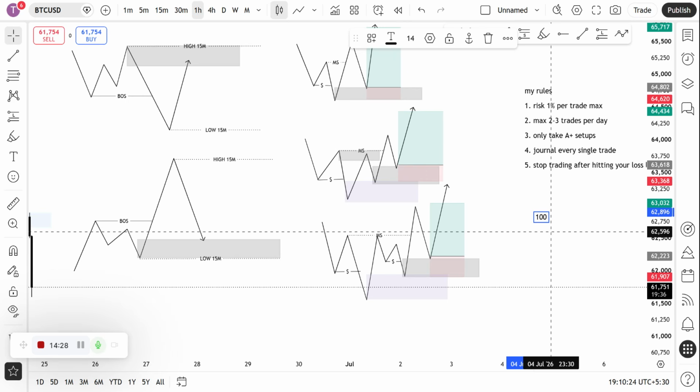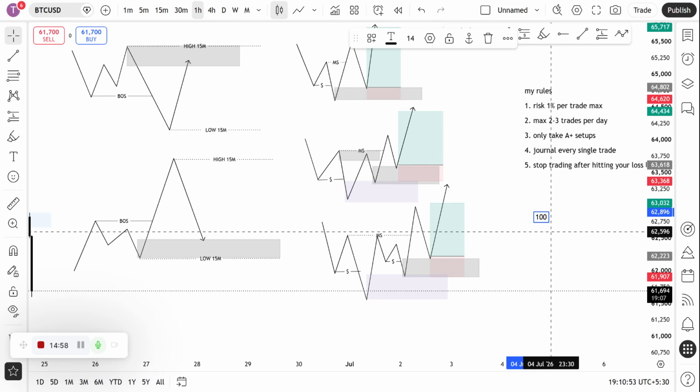Those things can teach me next time not to repeat the same mistake. So next time when I see the same thing again, I'm not going to repeat it. Why? Because I have proof that tells me that if I repeat this mistake, I am going to make a loss.